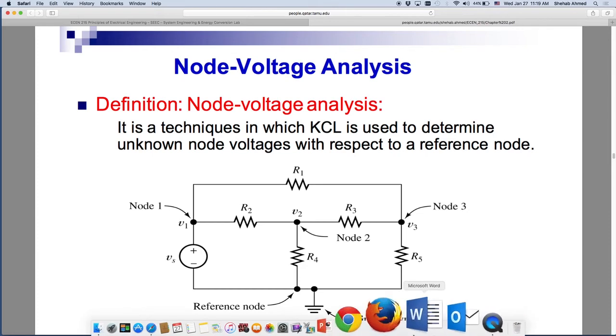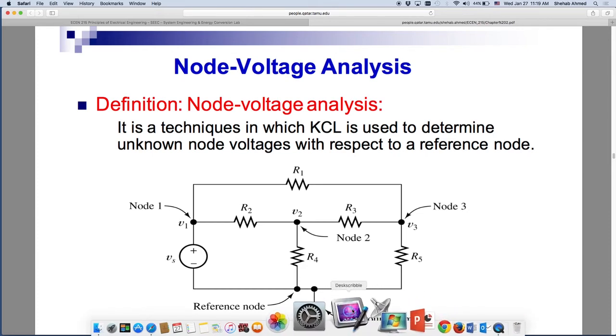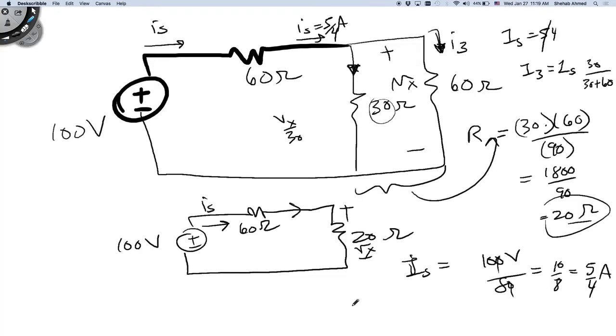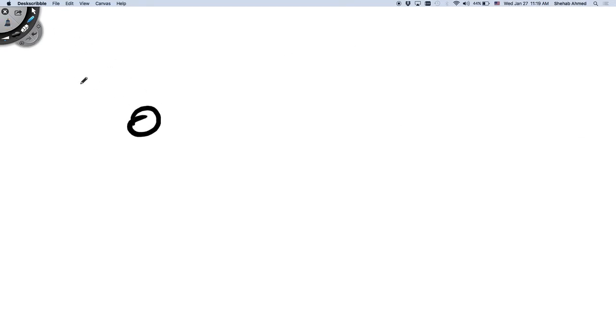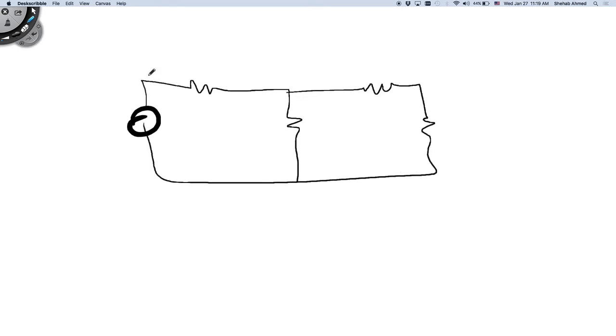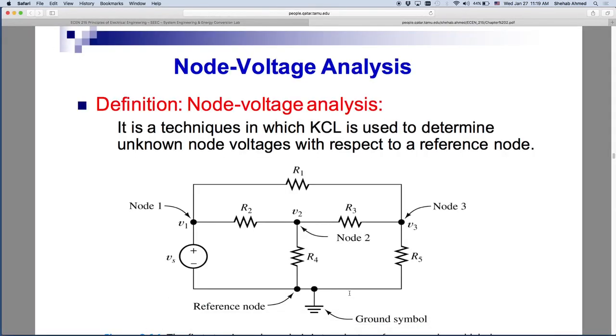Let me draw it up separately. I have a source here. I have a resistor here, resistor here, resistor here, resistor here, I guess, a resistor here, right?